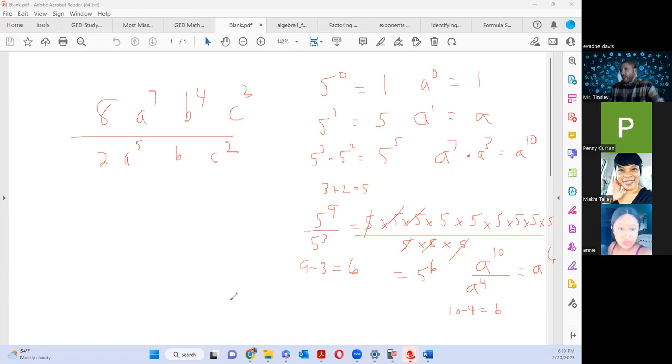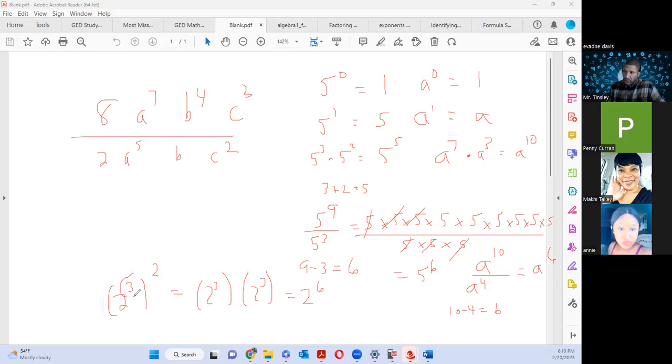Now, if I have, and I'm going to just use a variable now, or I could do it with 2 to the 3rd, all raised to the 2nd power. Anytime you raise a power to a power, it's like you're multiplying the same thing twice. So that's 2 to the 3rd times 2 to the 3rd. Again, we know how to multiply exponents with the same base. We add. So 3 plus 3 is 6.